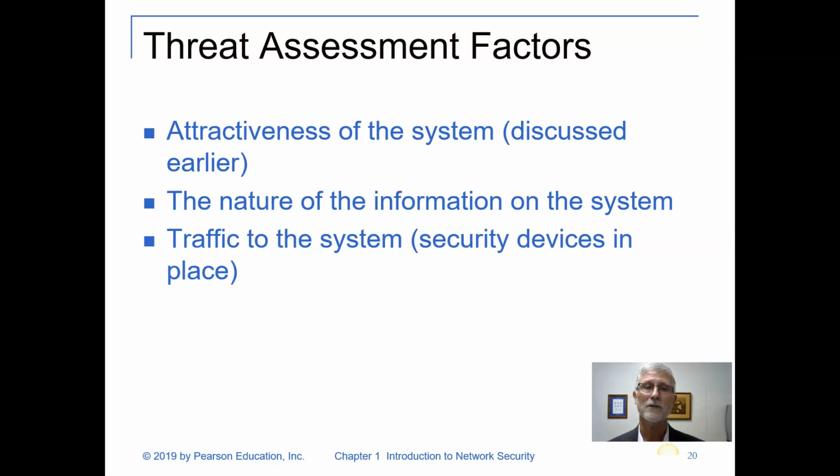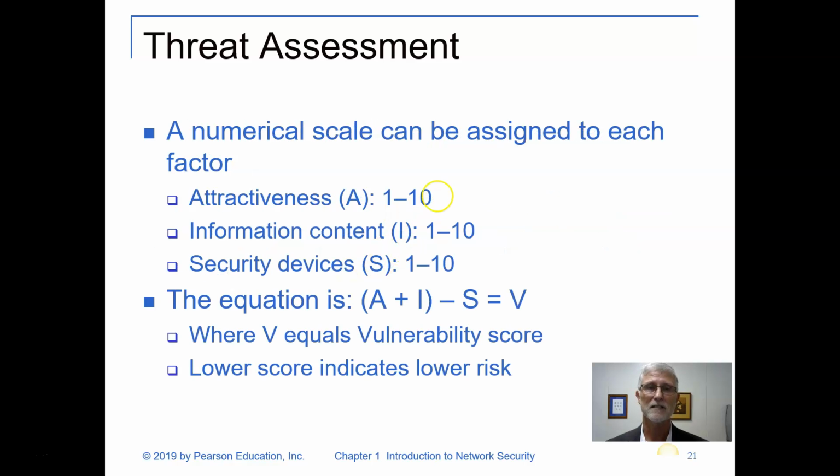If I get a lot of traffic, that could do two things. One, it's maybe easier to slide in because you're one amongst many. But it's also based on how many security devices are in place to keep those people out. Now, sometimes we go through what they call a threat assessment.